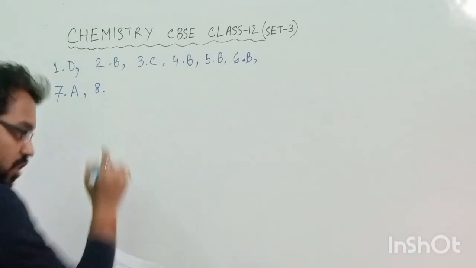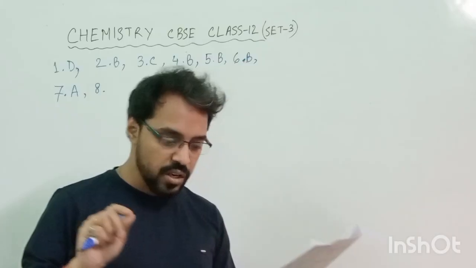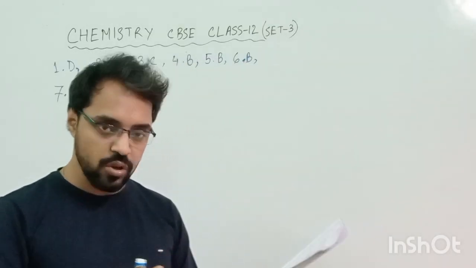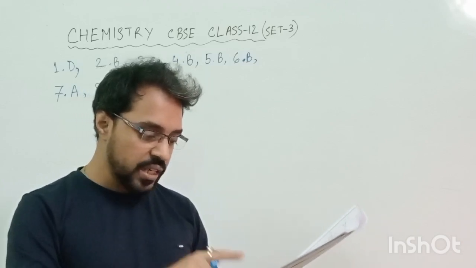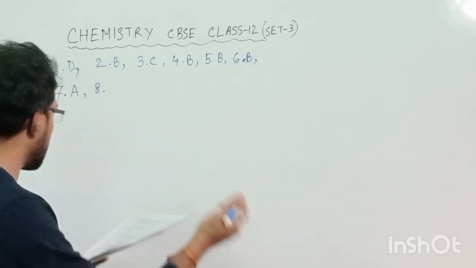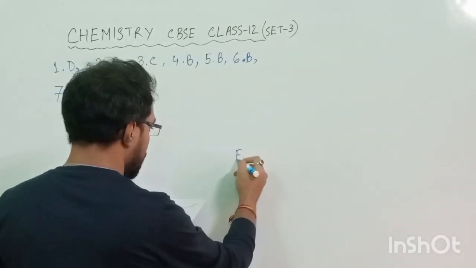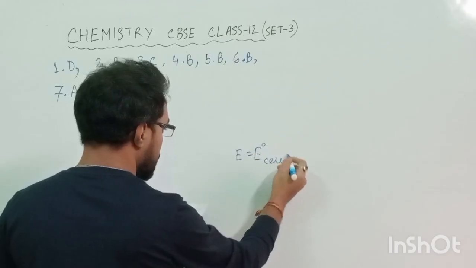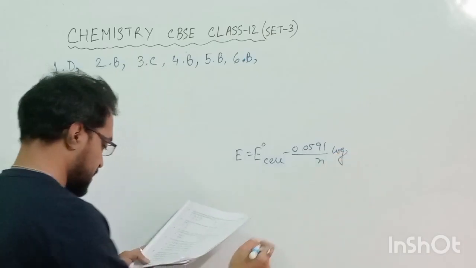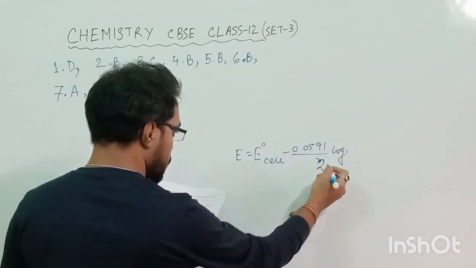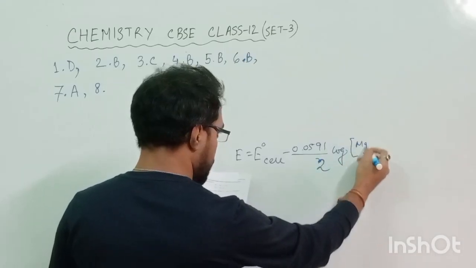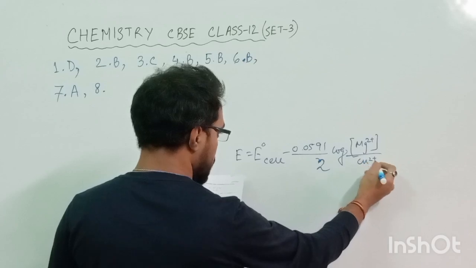Now we will go to question number 8. It's a Nernst equation based problem, where magnesium 2+ and copper 2+ are given. How can we increase the EMF of the cell using the same substances? We know that E equals E0 cell minus 0.059 by n, and here n is 2, and the log term is Mg2+ divided by Cu2+, right?